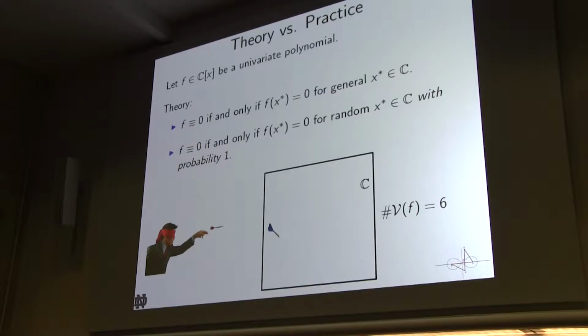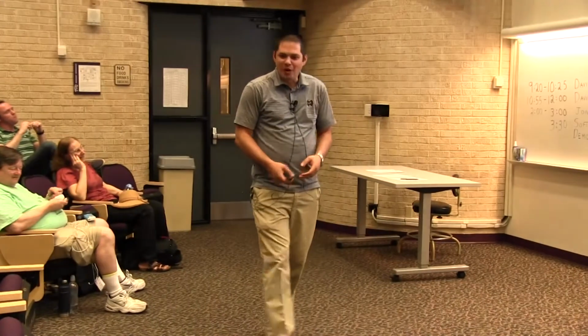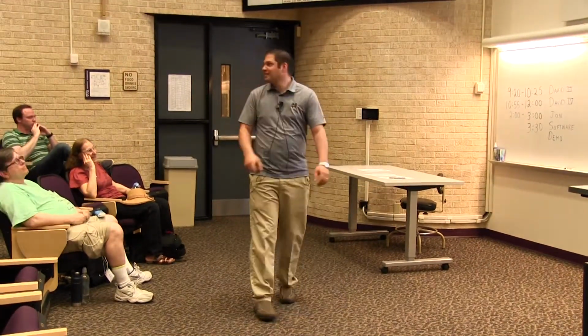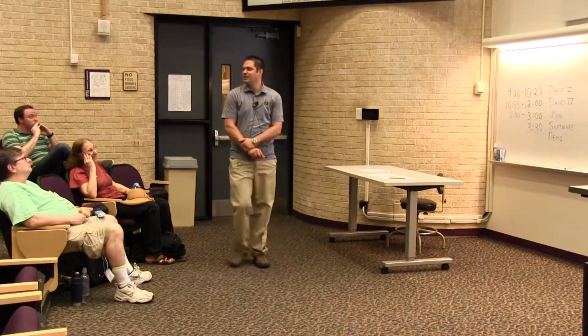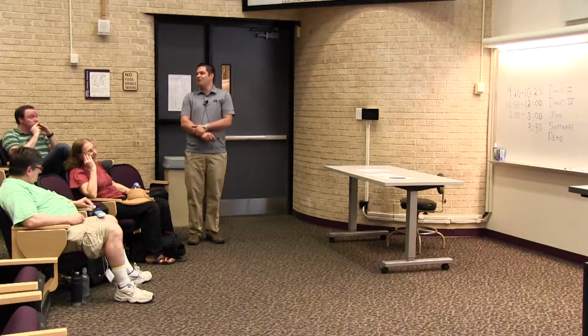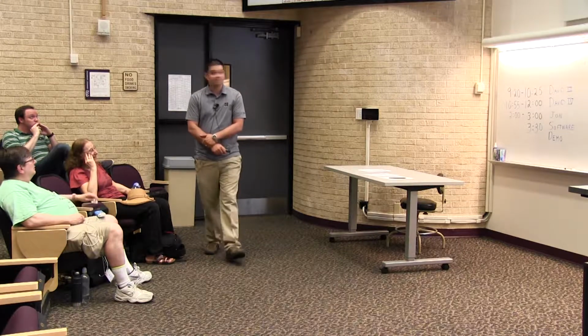Then you hand them a dart with a nice sharp point on the end of it, spin them around a few times, and tell them to throw the dart. Where does it land? It doesn't matter. It's going to land somewhere, hopefully not on you, and that's where you're going to evaluate your polynomial.